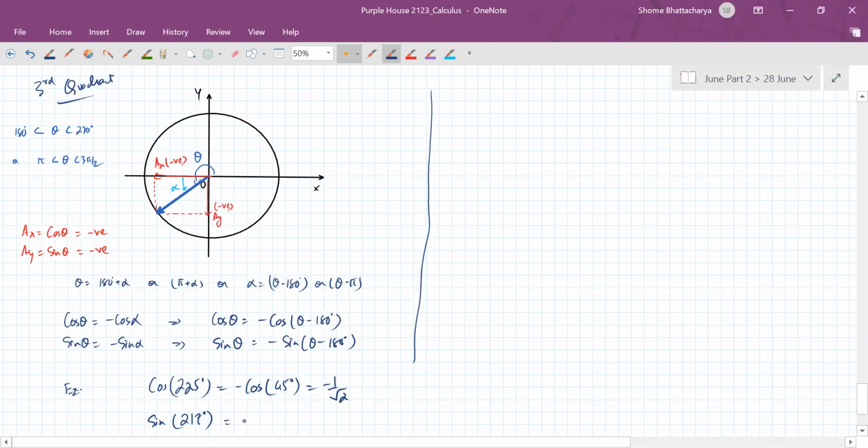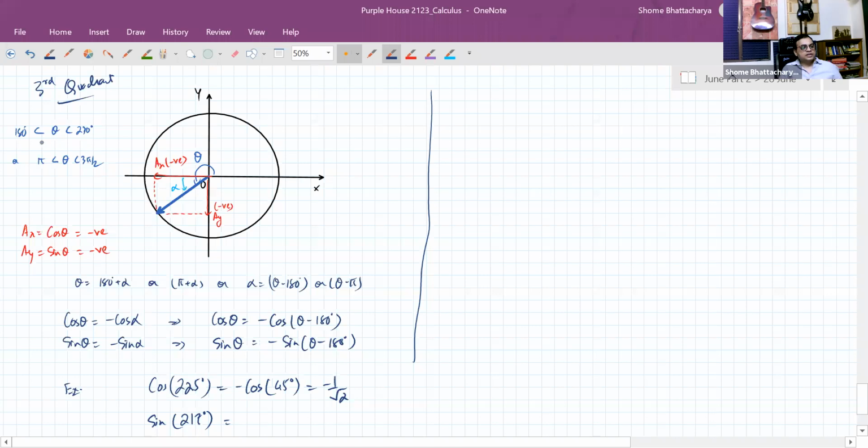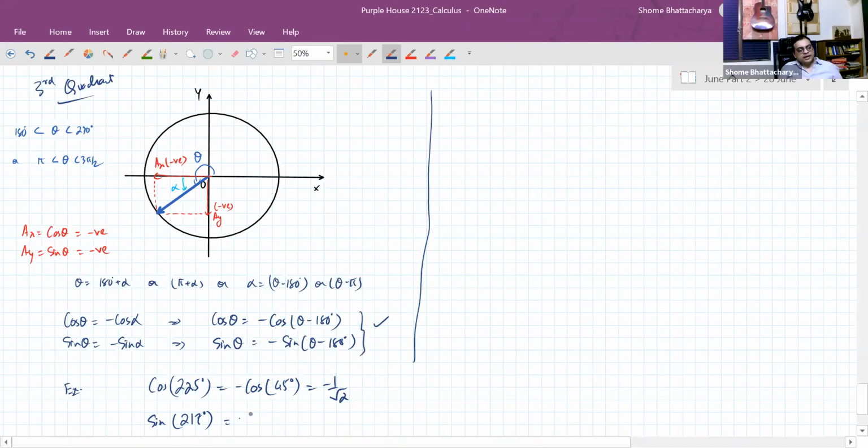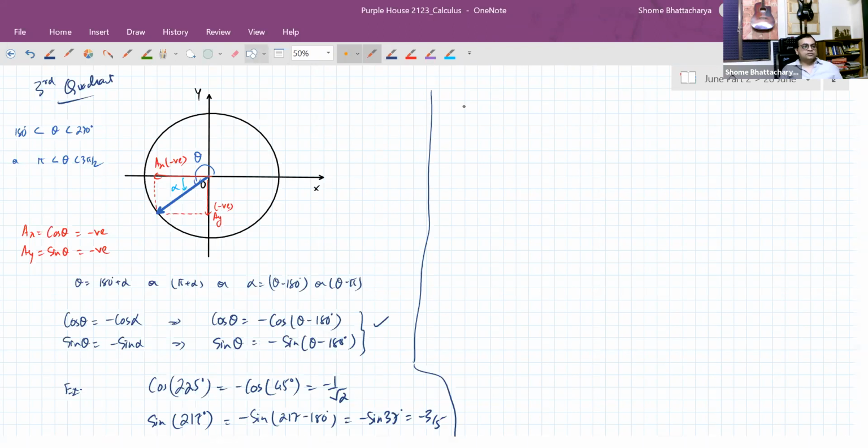We can take any value. This is in the third quadrant, between 180 and 270, so these formulae will be applicable. This will be minus of sine of 217 minus 180, so that is minus sine 37, which is minus 3 by 5. So this is how we calculate the value of sine and cos in the third quadrant. And similarly, we can see the fourth quadrant.